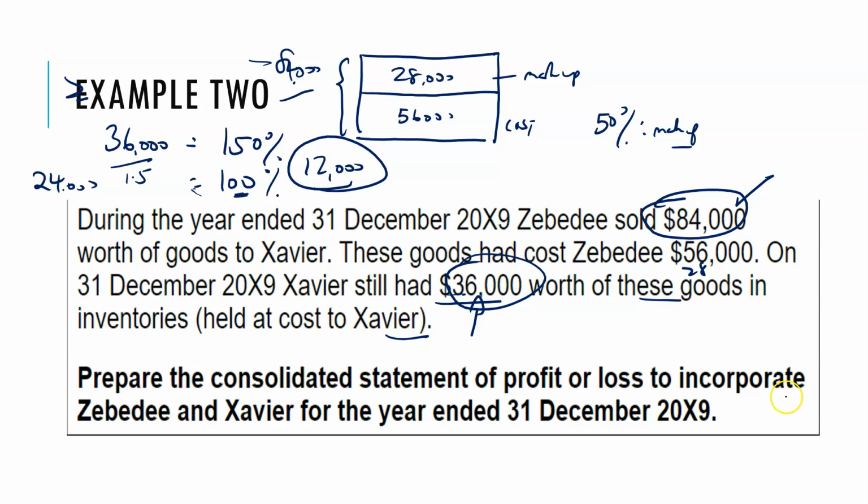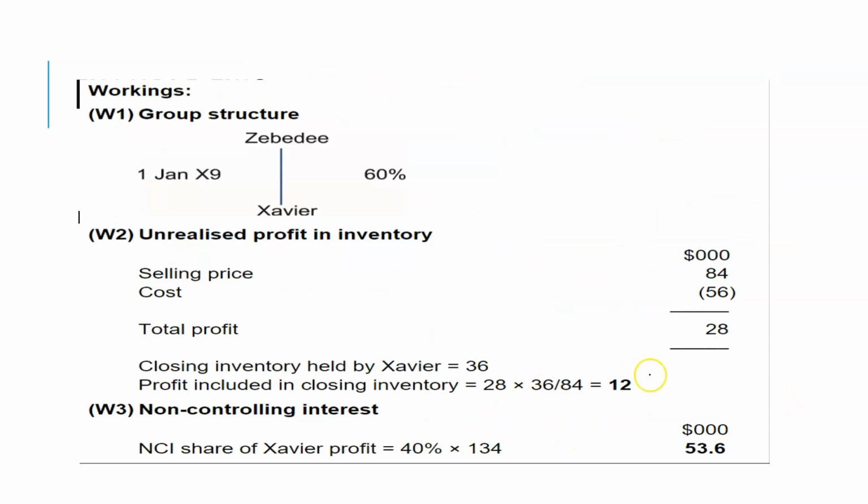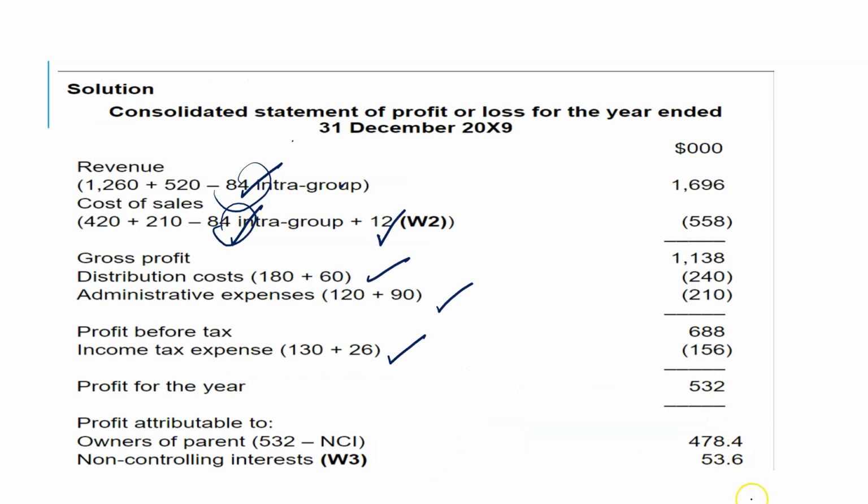The non-controlling interest weren't the ones who sold the goods, so there's no PUP. That's 40% times 134, which equals 53.6. Cool, great stuff. That's the way to look at this. Once you take that 53.6 out, you will have 478.4 left. Awesome, great stuff.